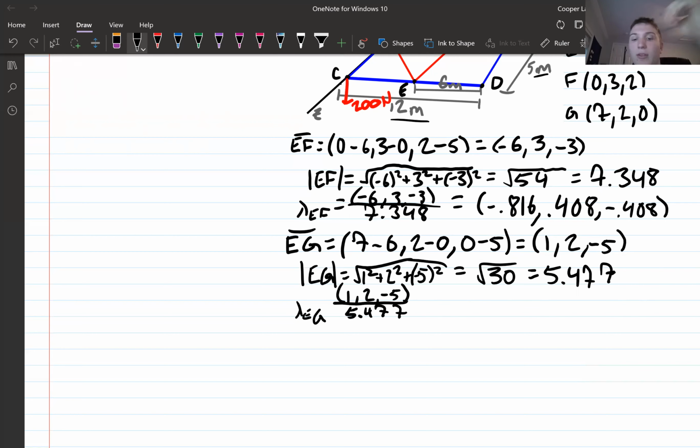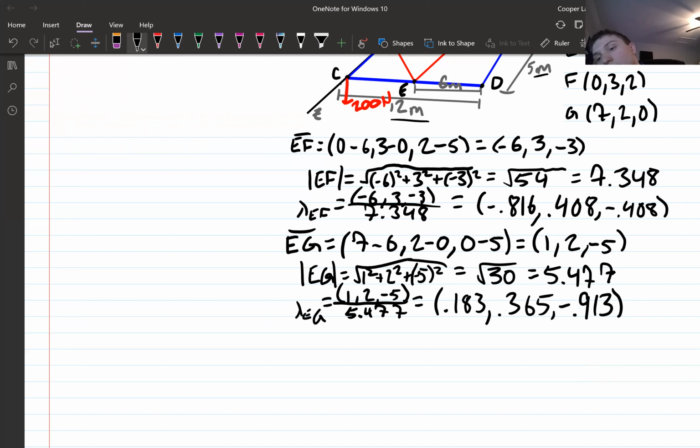So when I do this all out, I get 0.183, comma, 0.365, comma, -0.913. And that would be my lambda for EG.